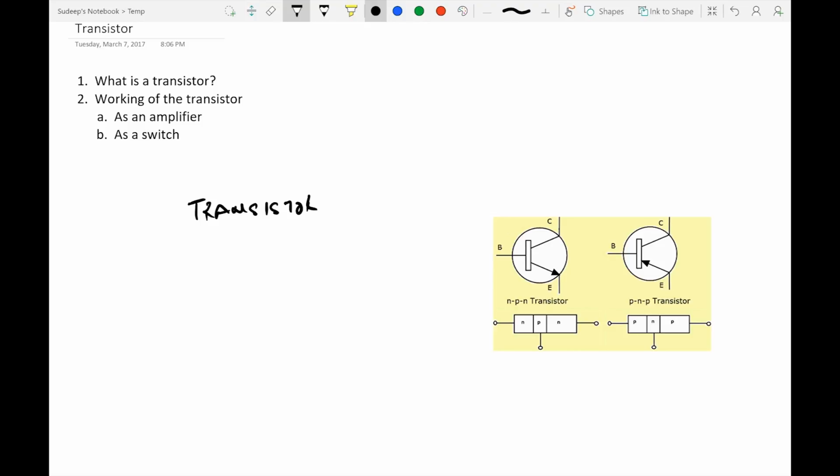A transistor can either be a bijunction transistor, a BJT, or can be an FET, which is a field effect transistor. One of the common types of FET that you might have heard of is the MOSFET.